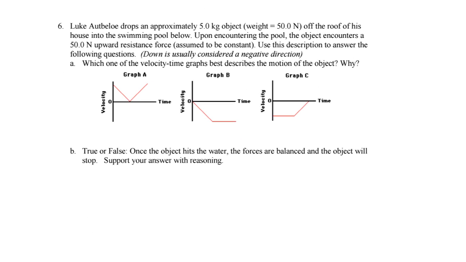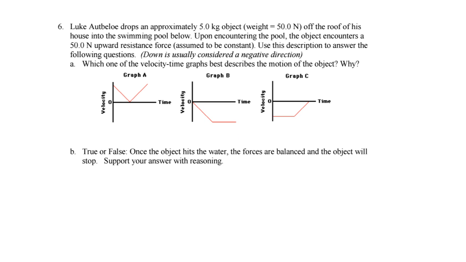All right, number 6, we've got Luke dropping a weight off the roof of his house and into a swimming pool. Upon encountering the pool, the object encounters a 50 newton upward resistance force. So use the description to answer the following.